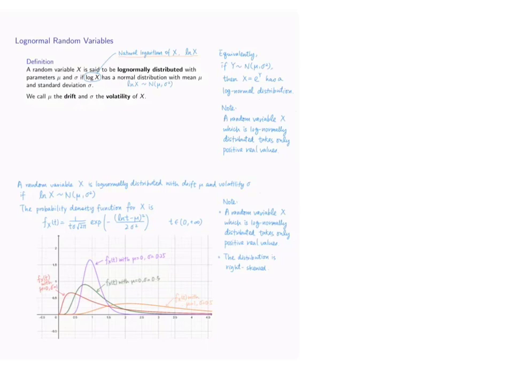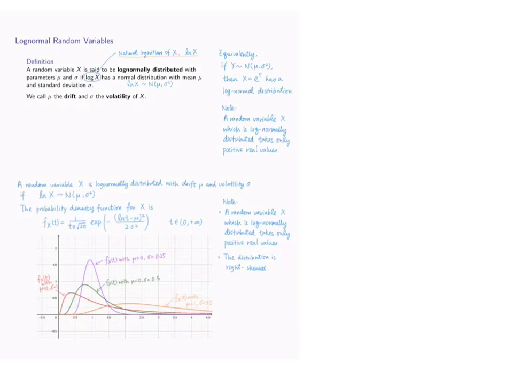In the last video, we discussed the log-normal random variable. A difference between the log-normal distribution and a normal distribution is that it is not possible for a log-normal random variable to take negative value, whereas it is possible for a normal random variable to have negative values.